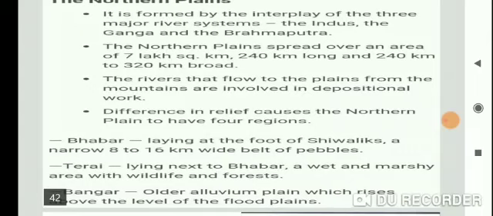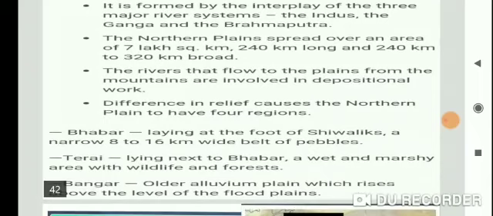That is the main story of Terai, and importantly, some forests still remain here. The very famous Dudhwa National Park is located in this region. Again, I repeat, Dudhwa National Park is located in this region. So a very simple definition: lying next to Bhabar, a wet and marshy area with wildlife and forest.